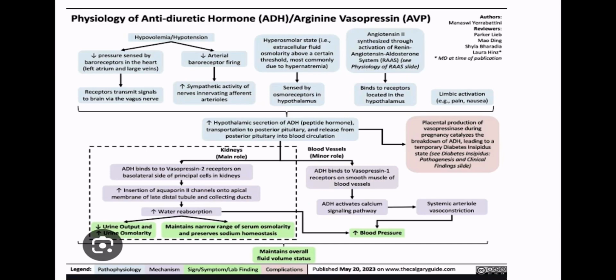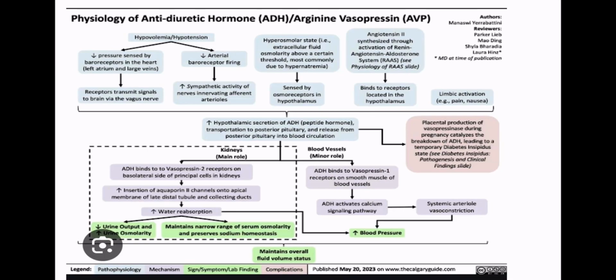This is controlled by so-called stretch receptors that detect changes in blood volume. These are the baroreceptors, and for example, after a hemorrhage, AVP secretion will be stimulated and water will be retained to increase the blood volume.